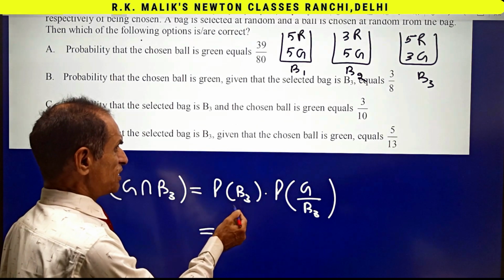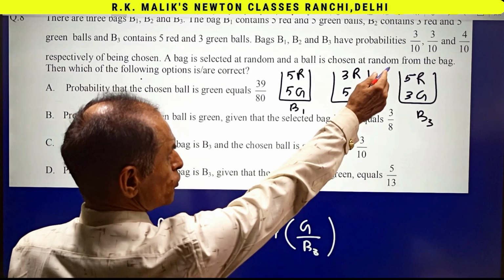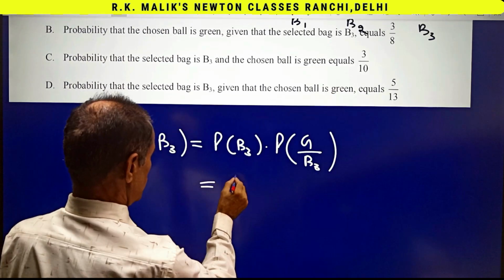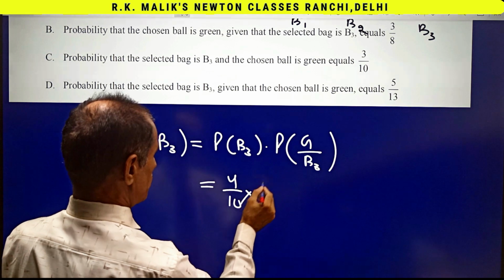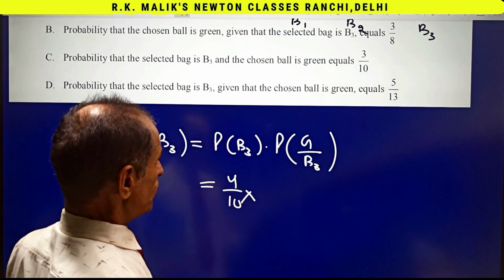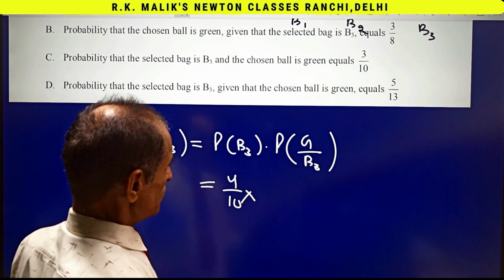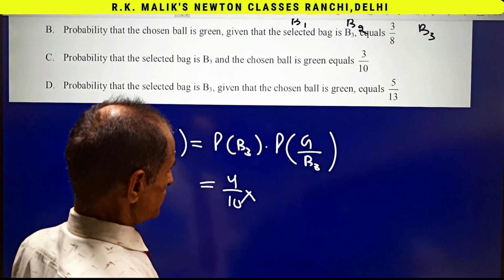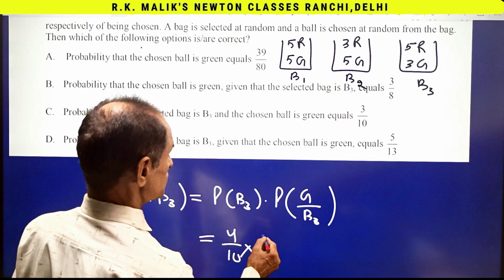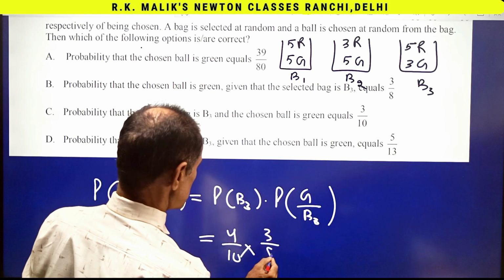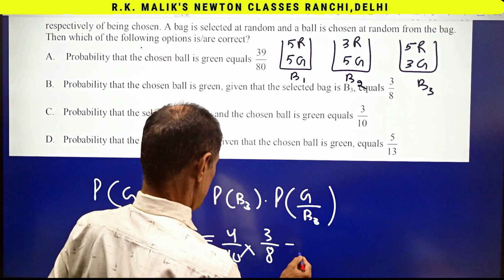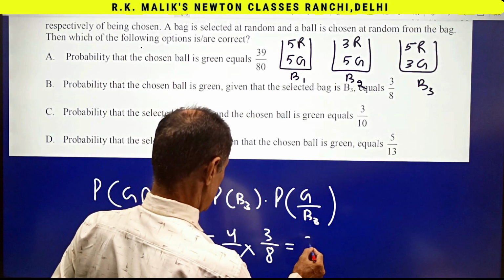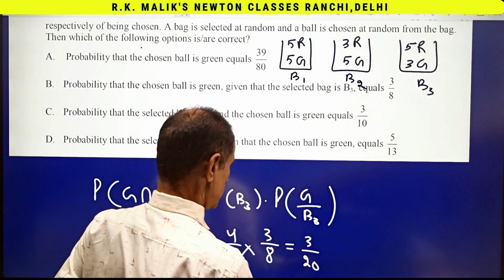The probability of B3, we know, is 4 by 10, and the probability of selecting a green ball when we know that the bag B3 is selected is 3 by 8. That is, the answer is 3 by 20.